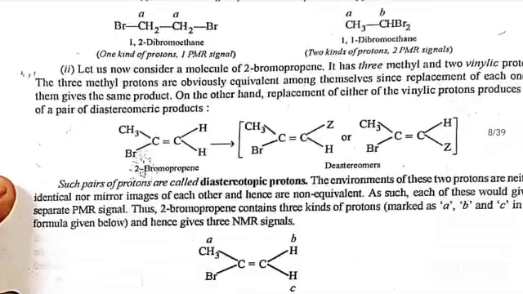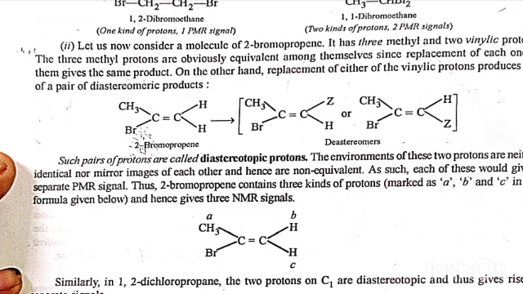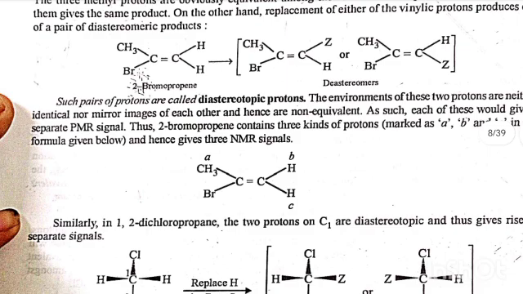Proceeding on similar lines, we can easily predict the number of different types of protons present in the following molecules. Let us now consider a molecule of 2-bromopropene. It has 3 methyl and 2 vinylic protons. The 3 methyl protons are obviously equivalent among themselves since replacement of each one of them gives the same product. On the other hand, replacement of either of the vinylic protons produces one of a pair of diastereomeric products. Such protons are called diastereotopic protons.